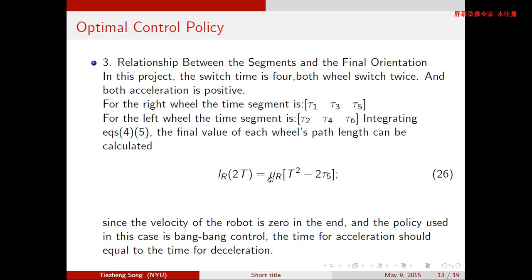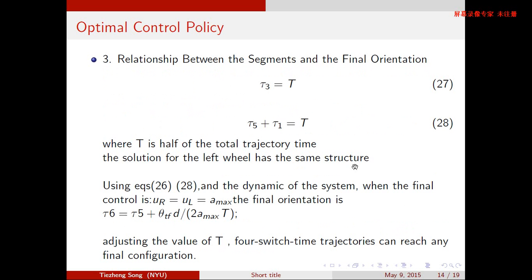Since the velocity of the robot is 0 in the end, and the control policy we used in this case is bang-bang control, the time for the acceleration should equal the time for the deceleration, which means tau 3 should be equal to capital T, and tau 5 plus tau 1 also needs to equal capital T. T is half of the total trajectory time.